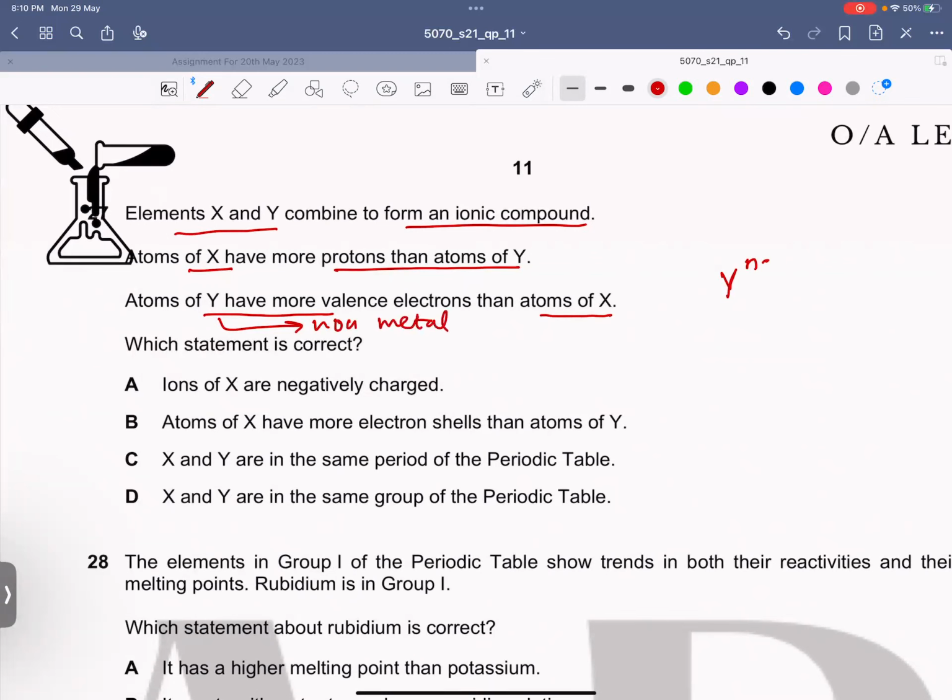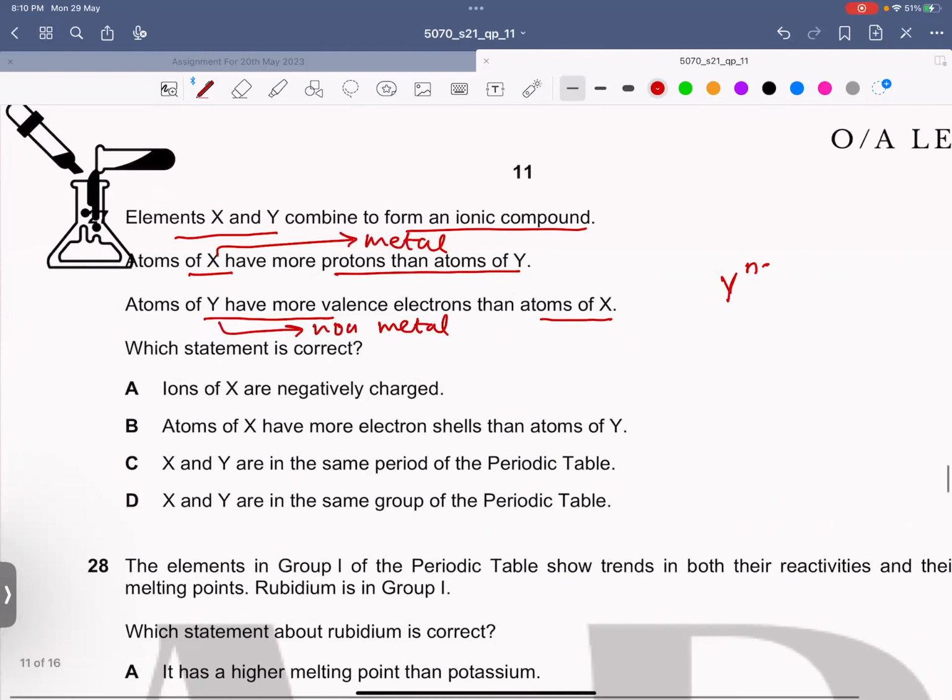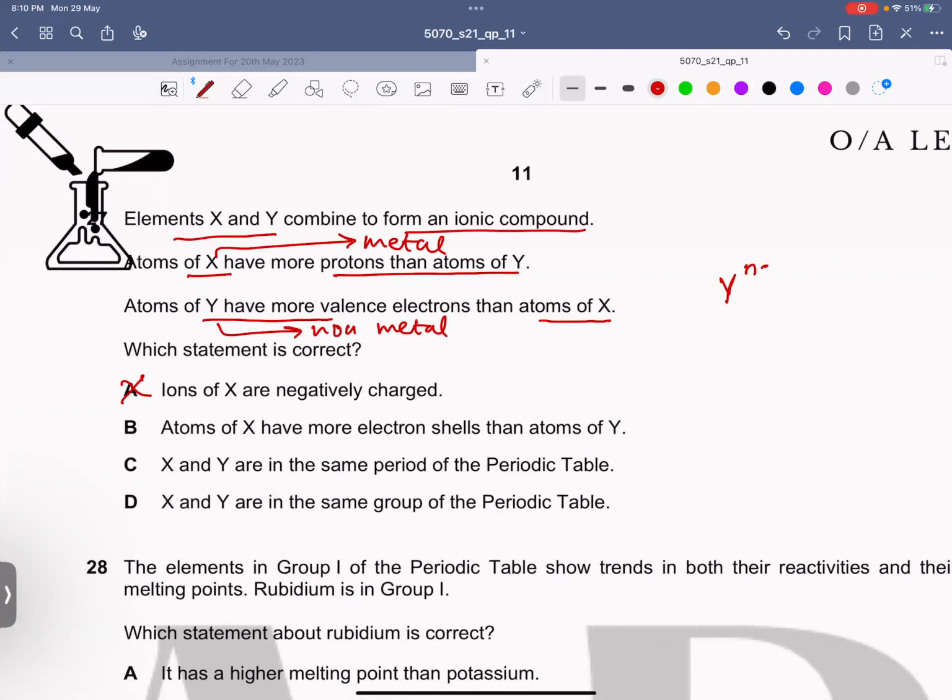And from there we can conclude that X is a metal. Is this understandable to everyone? Ions of X are negatively charged. Completely wrong statement. Does anyone want to ask something?